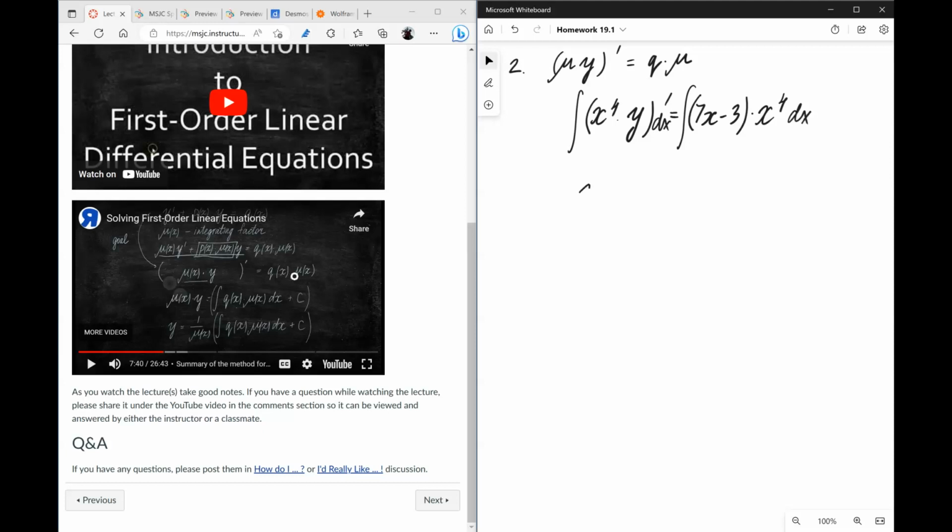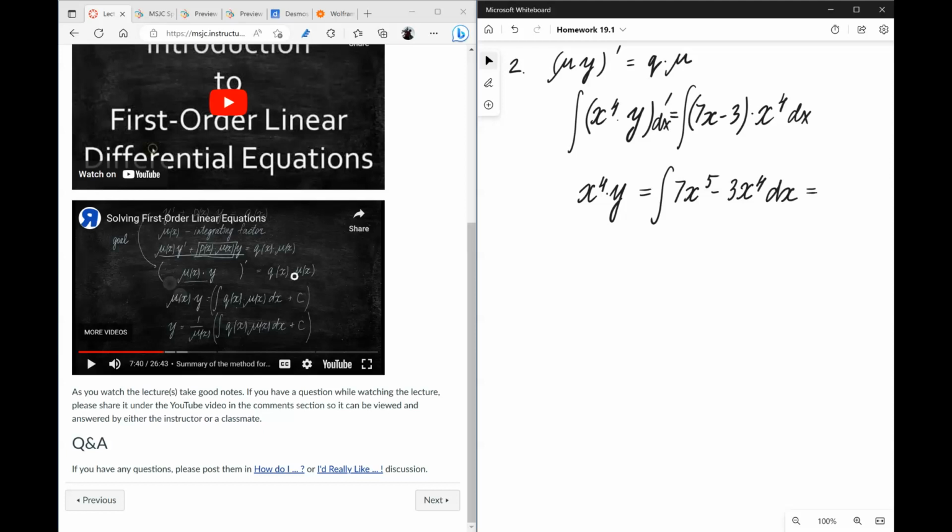And on the left side, we're simply going to get x to the 4 times y. Antiderivative of a derivative is the function itself. And on the right side, we just have to do this integral. And it's rather a very simple one. So we have 7x to the power 5 minus 3x to the power 4 dx.